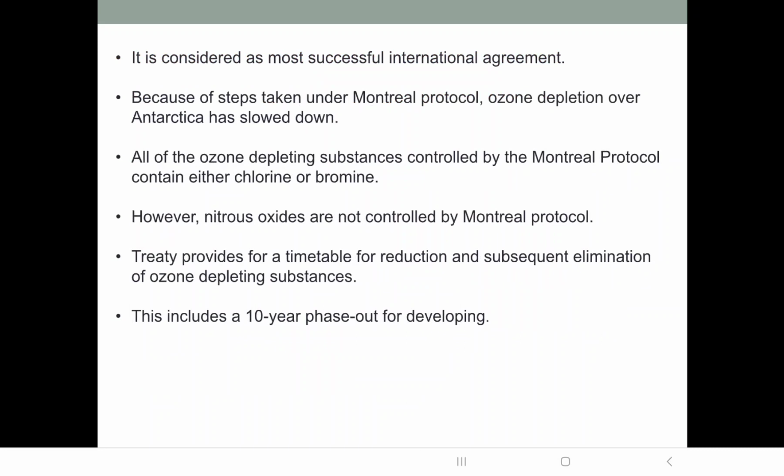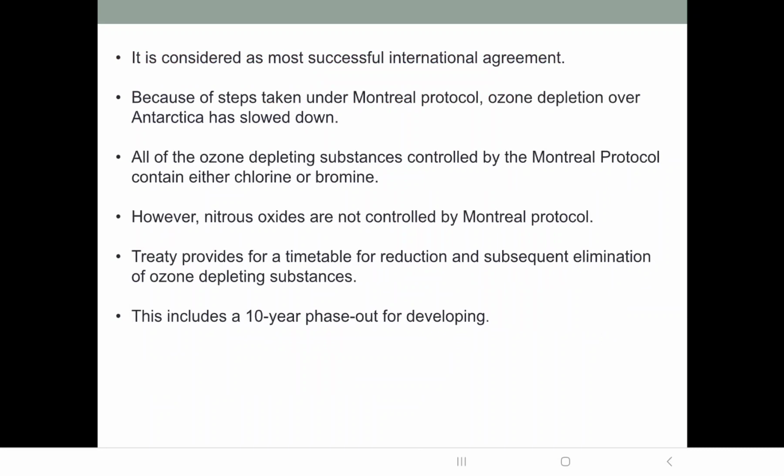These phase out dates, that is, the deadlines, are often accelerated, or the countries are told to phase out these substances early. As and when scientific understanding increases and technology advances, that means a new substitute is found in place of chlorofluorocarbons. Suppose a particular chemical is used in a particular process or product.